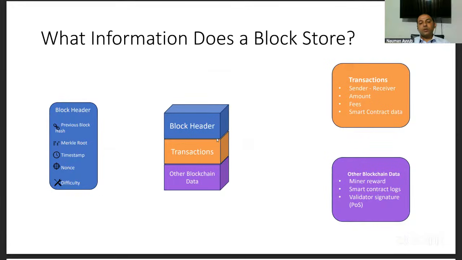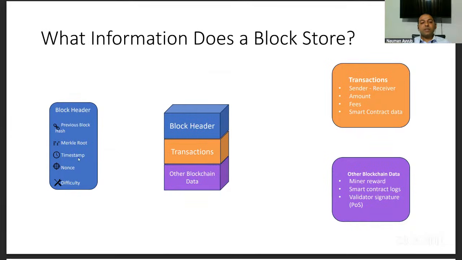A block usually consists of three parts: block header, transactions, and other block data. In the block header, we have the previous block's hash, and the very first block is called the Genesis block.